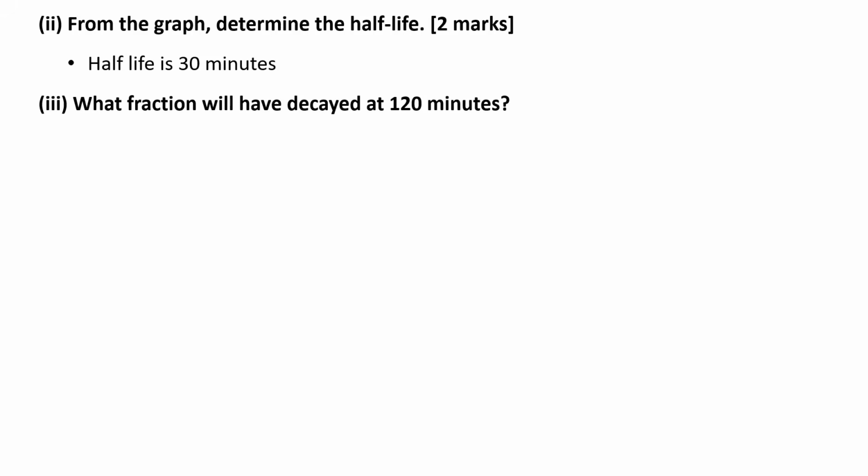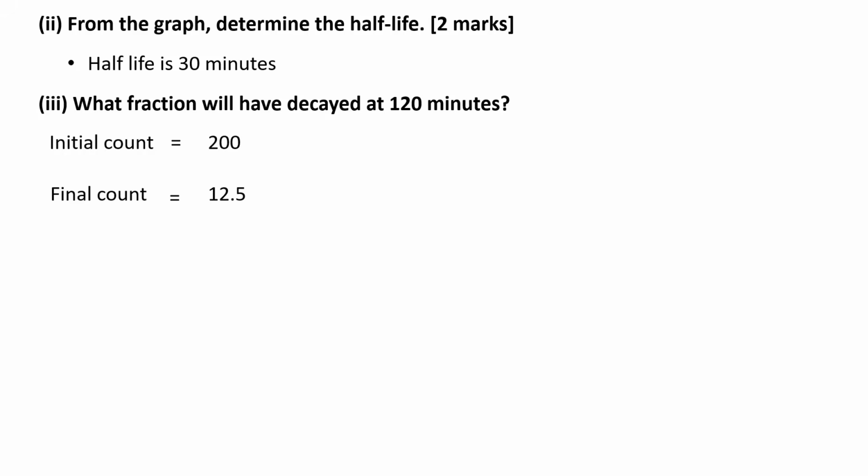Then another question said, what fraction will have decayed at 120 minutes? To find the fraction which would have decayed, the initial count was actually 200 in that table. Then the final count was 12.5.